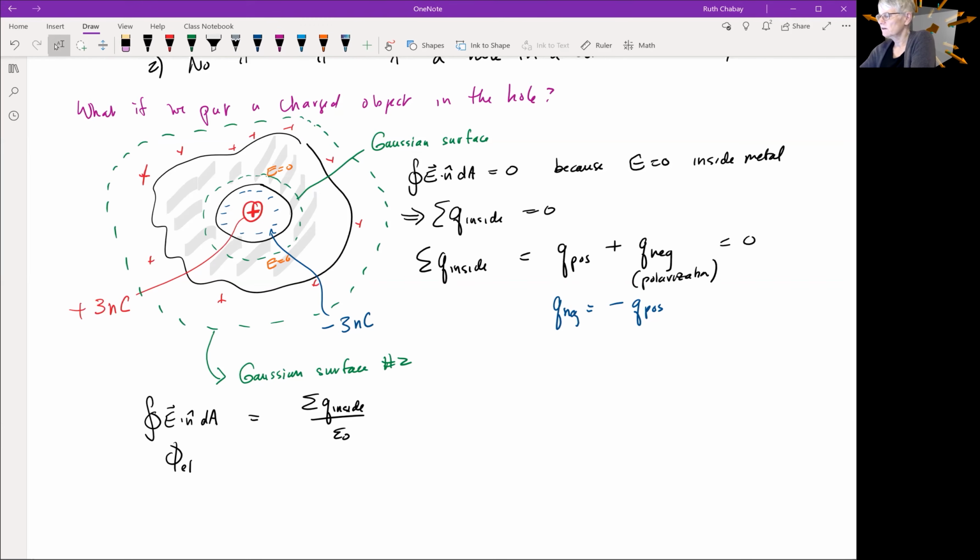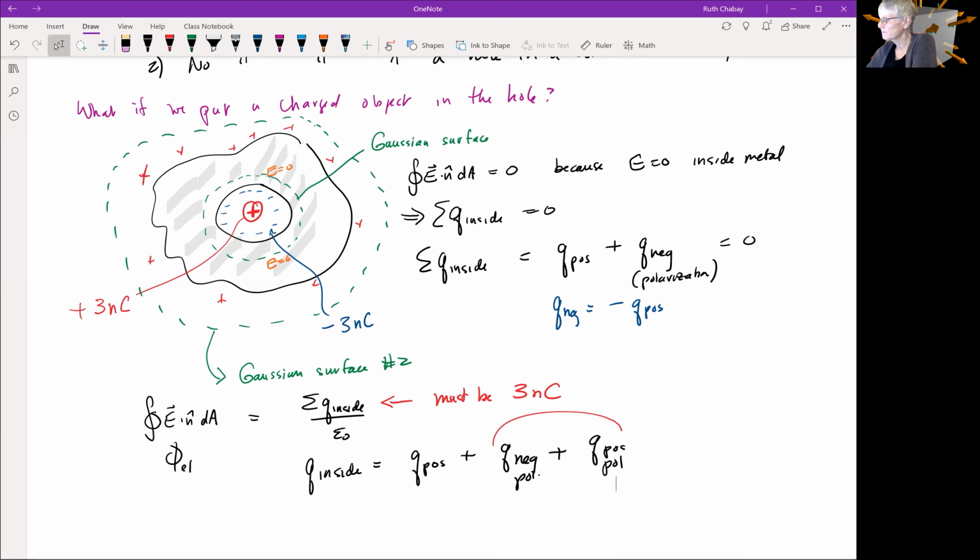So in fact, the total charge inside must be 3 nanocoulombs, and the charge inside is the positive charge plus the negative polarization charge plus the positive polarization charge on the surface. And the two polarization charges must sum to 0.